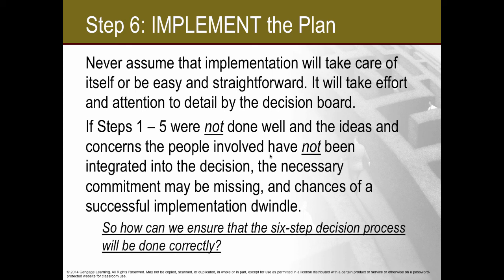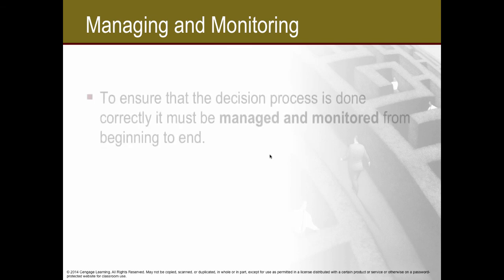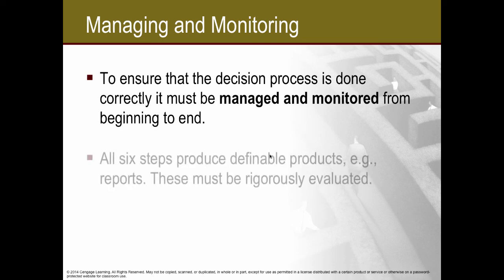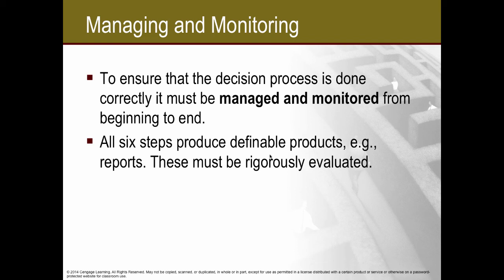How do we ensure that these steps are done well? There should be some managing and monitoring. To ensure that the decision process is done well, there is a need for managing and monitoring from the very beginning to the end. All 6 steps produce definable products, some sort of reports, right?